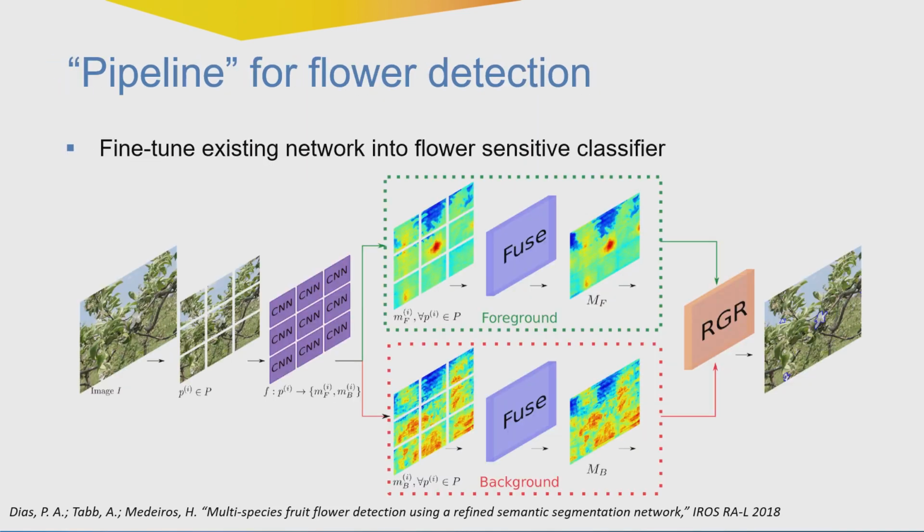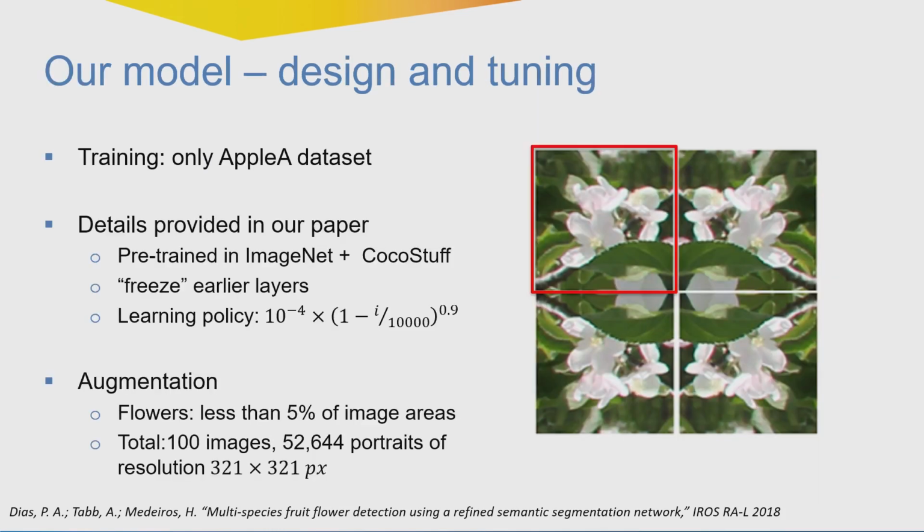And then, of course, if we just use the outputs of both, they would be coarse, so we just plug in our refinement method to get the flowers at the end. Another detail is that if you look at the statistics of the data sets, we have about 5% of the image areas with flowers and all the rest without flowers. So if you just train straightforwardly, the network learns to detect nothing, and you have 95% accuracy.